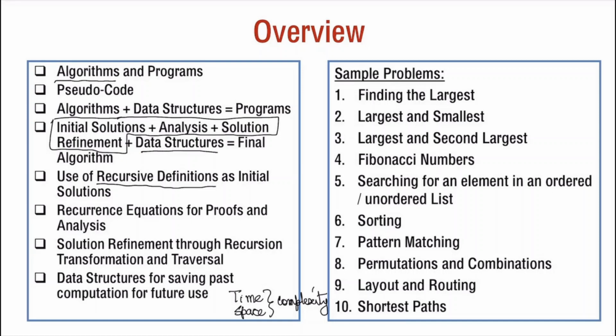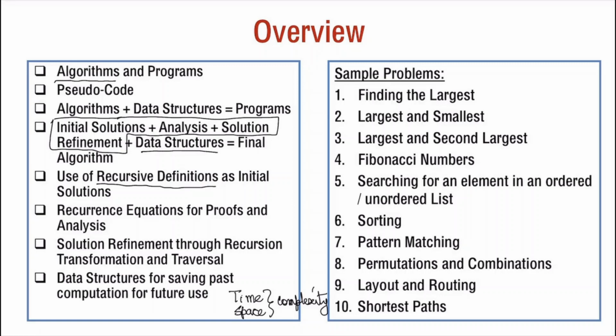We shall study a large number of problems in this course, and some of them are listed here. The first few appear trivial, like finding the largest and smallest at the same time, the largest and second largest at the same time, or Fibonacci numbers, or searching for an element in an ordered list, sorting, pattern matching, various kinds of permutations and combinations, layout, routing.